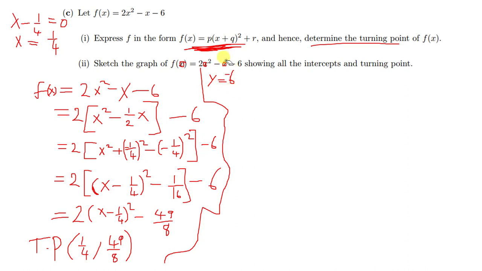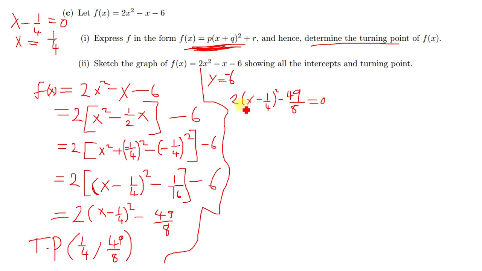So to find the x-intercepts, you just equate the answer that you have found to 0. So you equate 2x minus 1 over 4 squared minus 49 over 8 to 0.